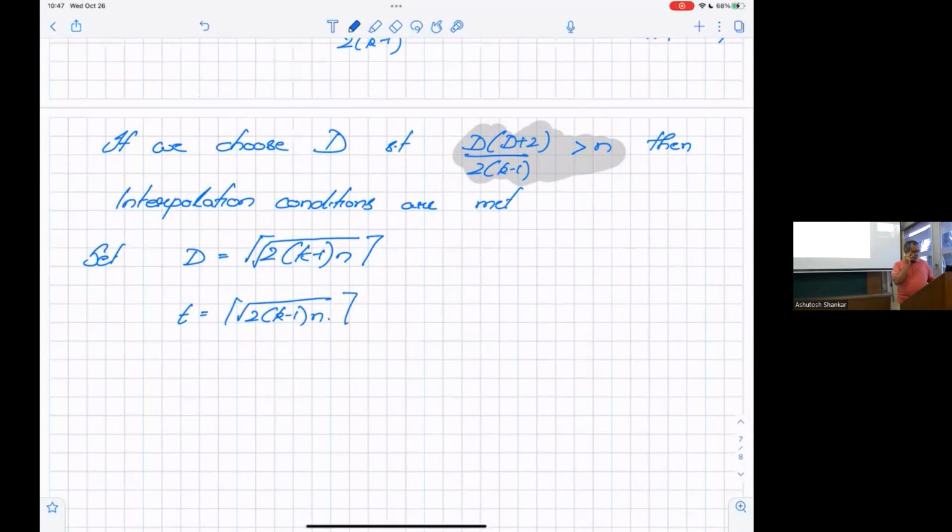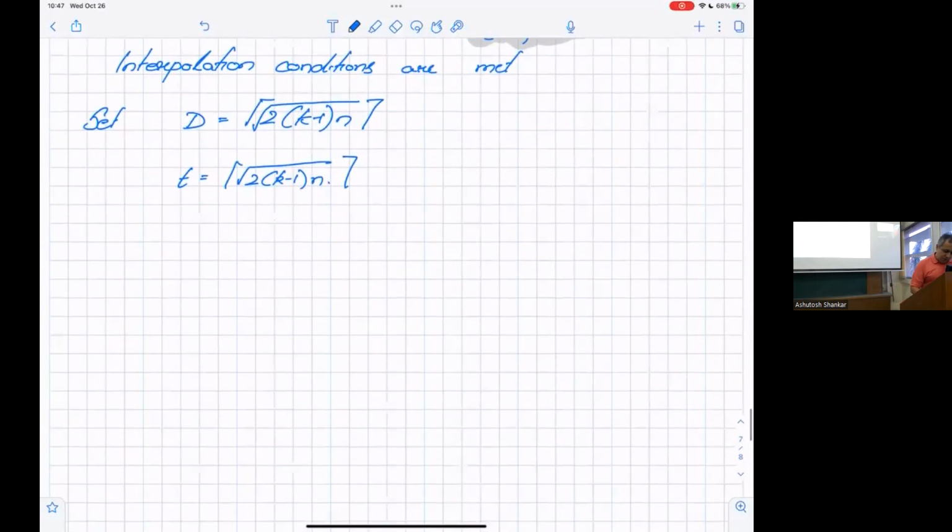Therefore, we now have Sudan's theorem, the main theorem.